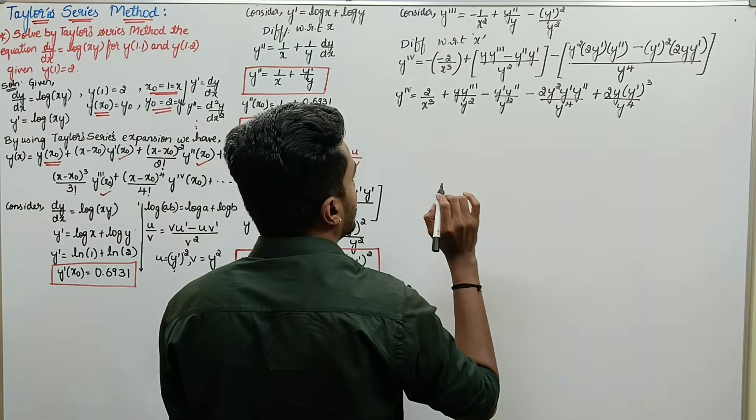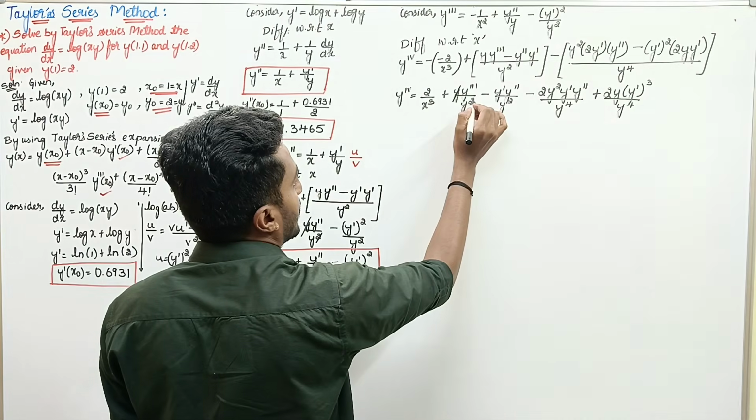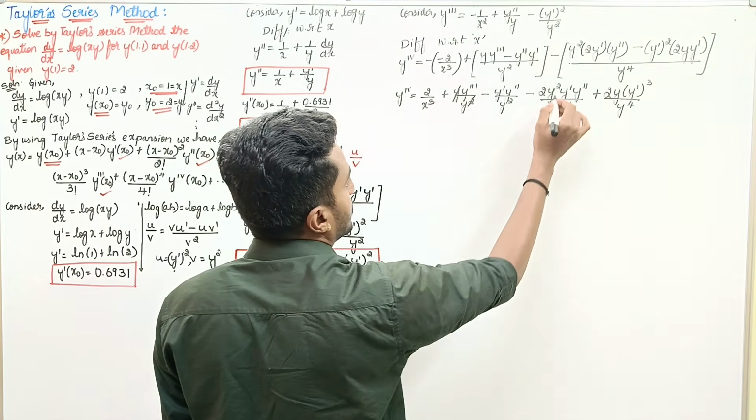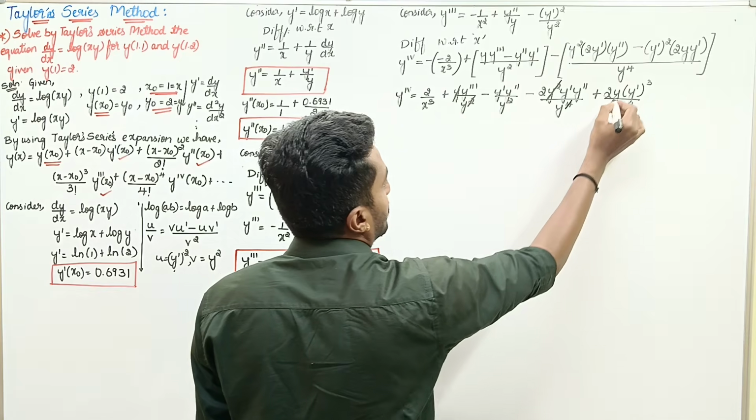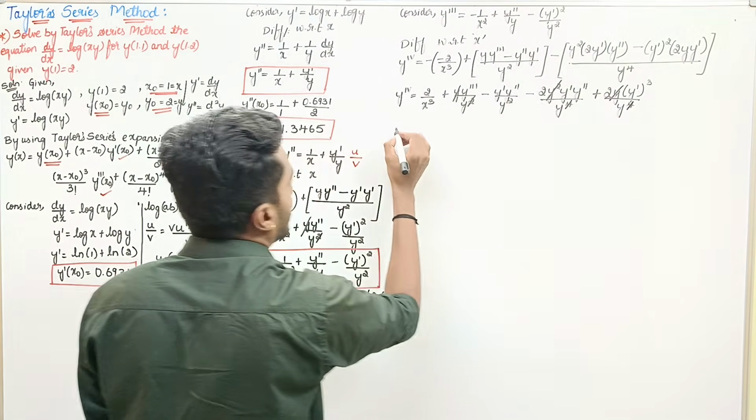Got the point? Now let us see which terms get cancelled. Y, here it is not possible, y square and y power 4, y and y cube.